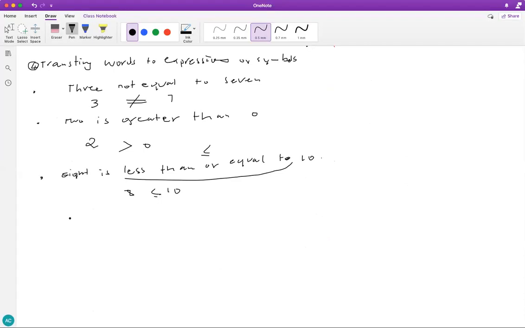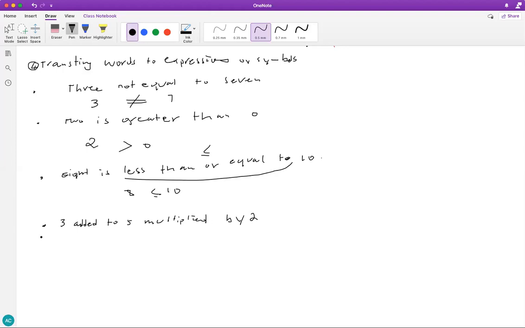Okay, other than this, it could be something like this. Let's say 3 added to 5 multiplied by 2.